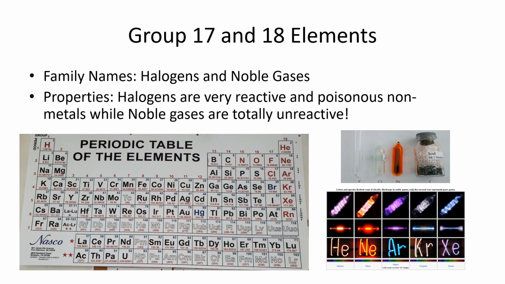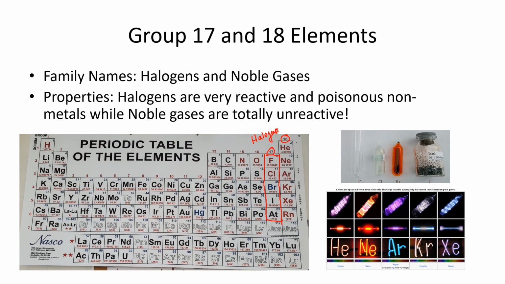Our last two groups on the periodic table are group 17 and 18. Group 17 elements are called halogens. They are very reactive as well, but in a different way. So they all have similar reactivity to each other, and we call them halogens. Also very poisonous.